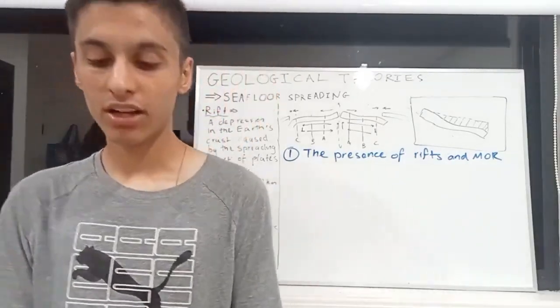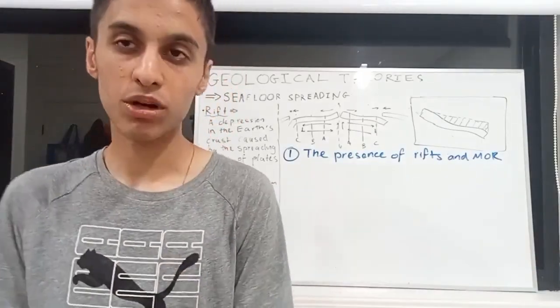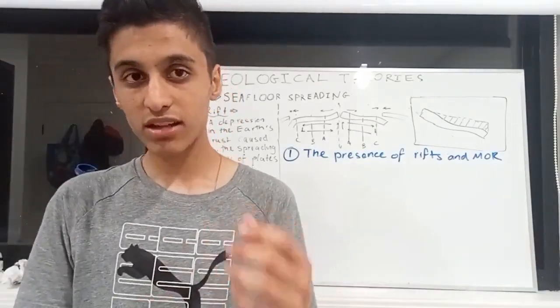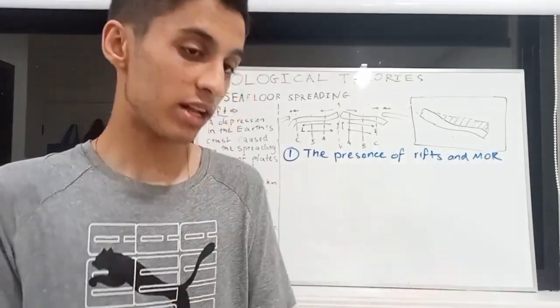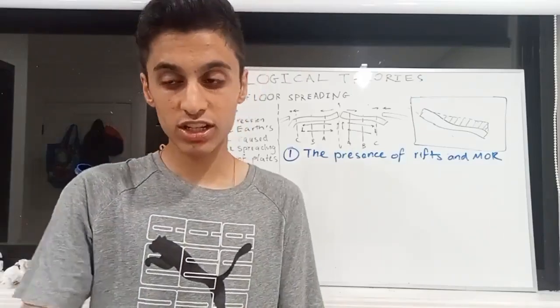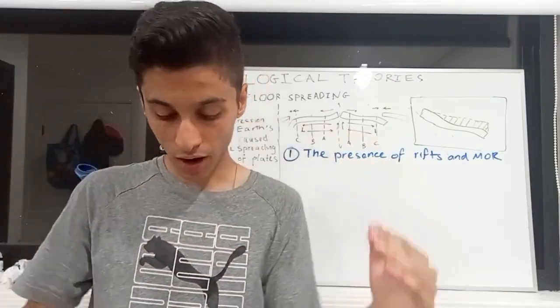So if you think about it, if you look at the concepts of slab pull and ridge push, especially ridge push, it makes a lot of sense from the convection current theory for the existence of mid-oceanic ridges to be associated with tectonic plates moving apart.